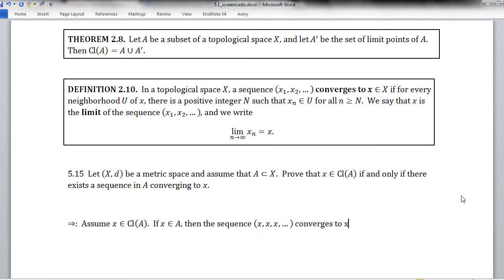It certainly converges to x, and if x is in A, then the sequence is in A too.